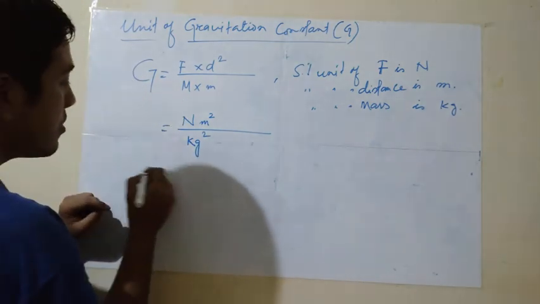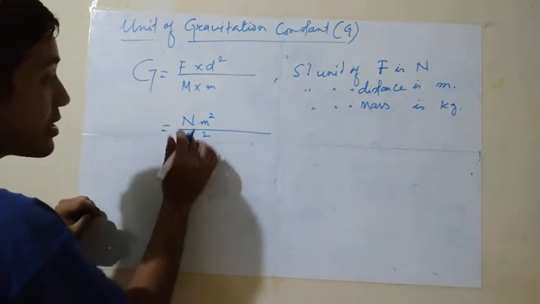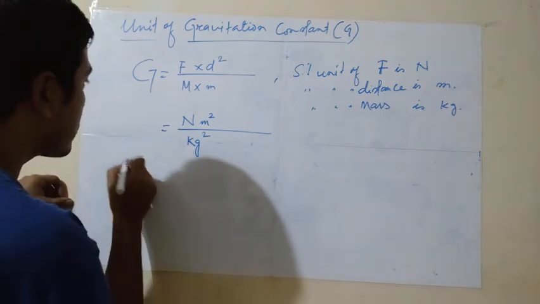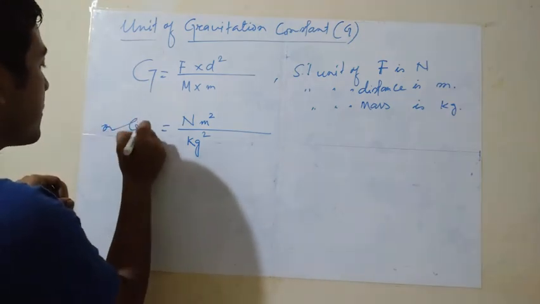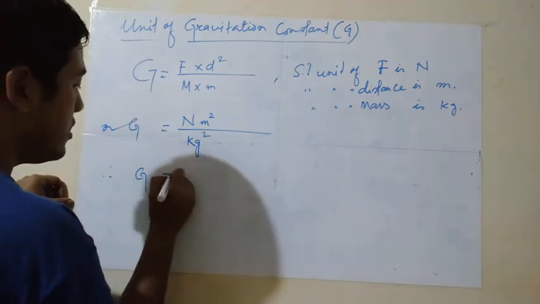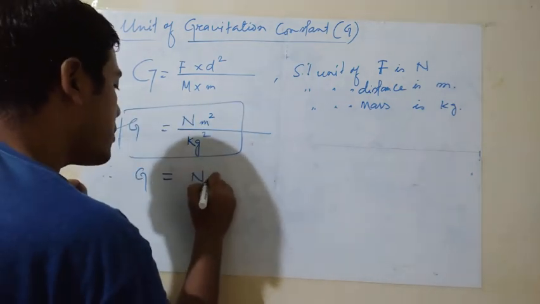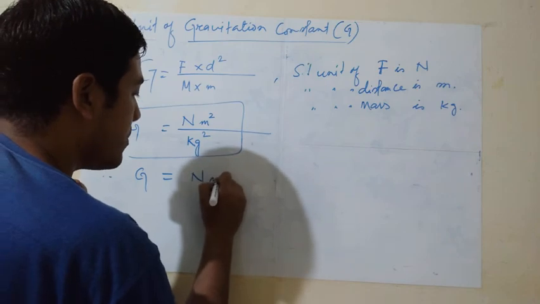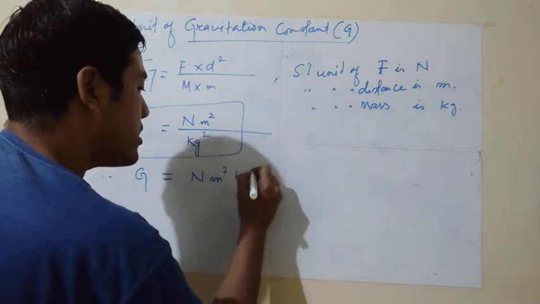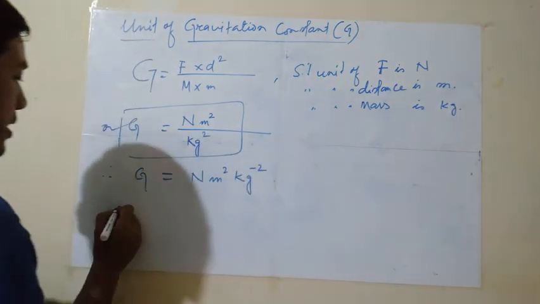Now therefore, we can write G is also equal to Newton meter square kg inverse 2.